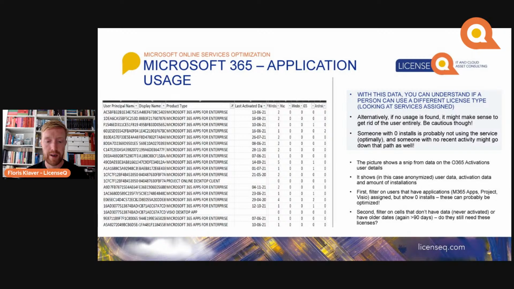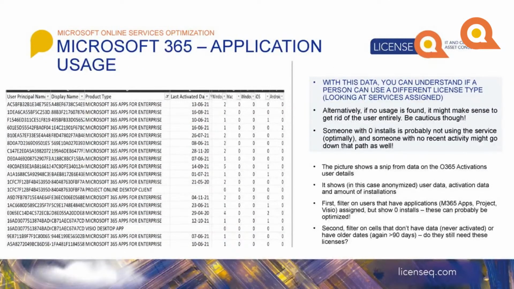And we see that here on this slide. It's been cropped a little, but here you see all the different users, anonymous in this example, obviously for reasons. And you can see what applications have been assigned to this user.